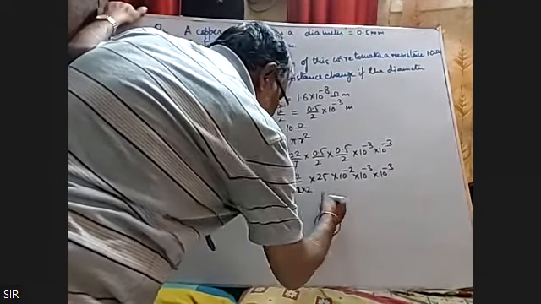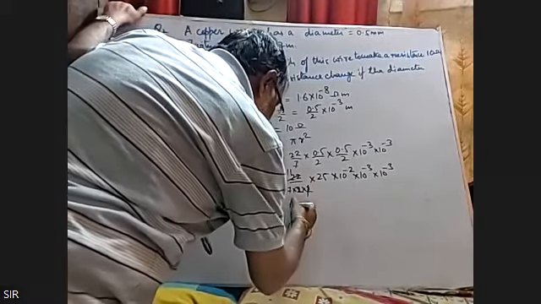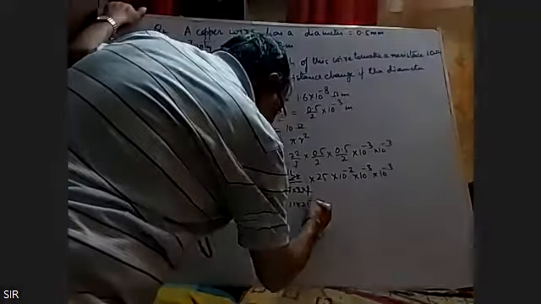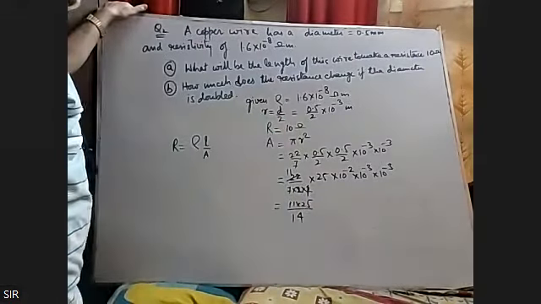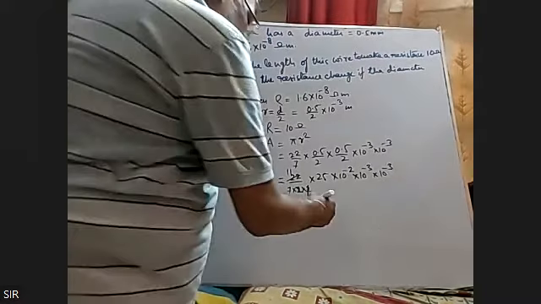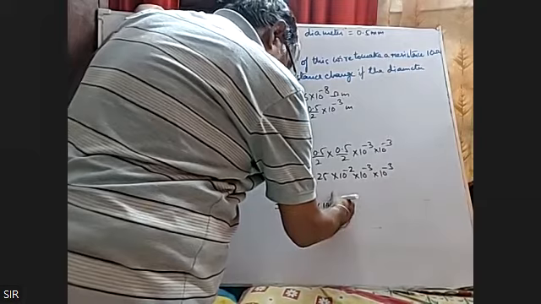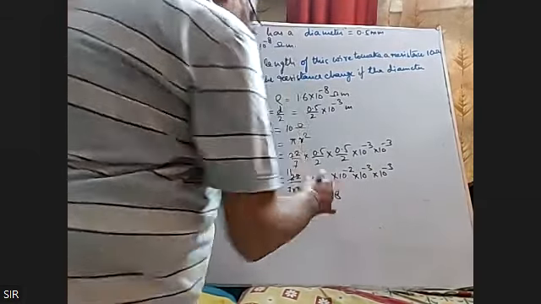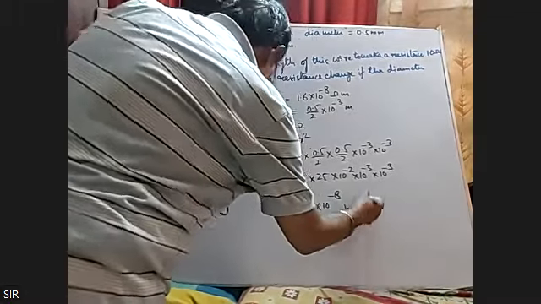So it will be 2 11s are 11 into 25 by 14 into 10 to the power minus 8. This is my area. I will not go for simplification here.